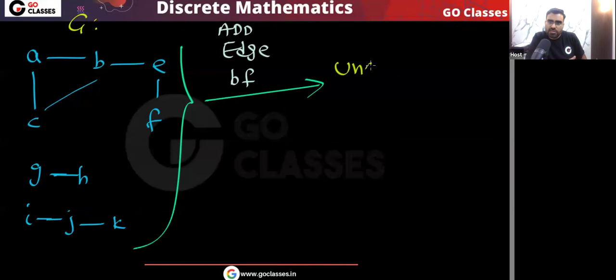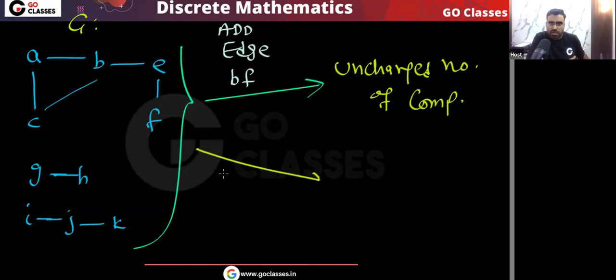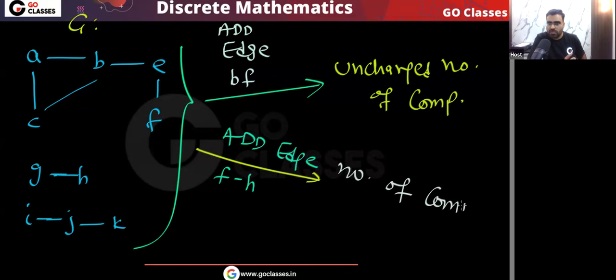So you can see, unchanged number of components. Okay. Now you tell me, instead of adding this edge, if I add, for example, fh, then the number of components will reduce by one. Yes or no? Is this clear? Number of components reduce by one.